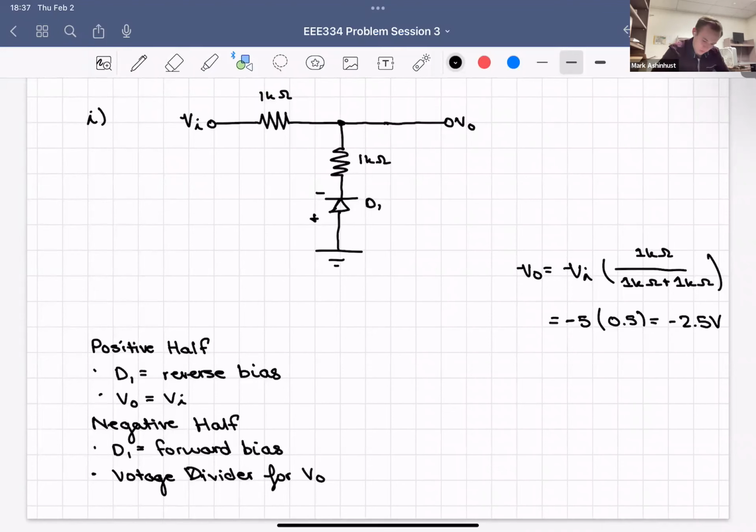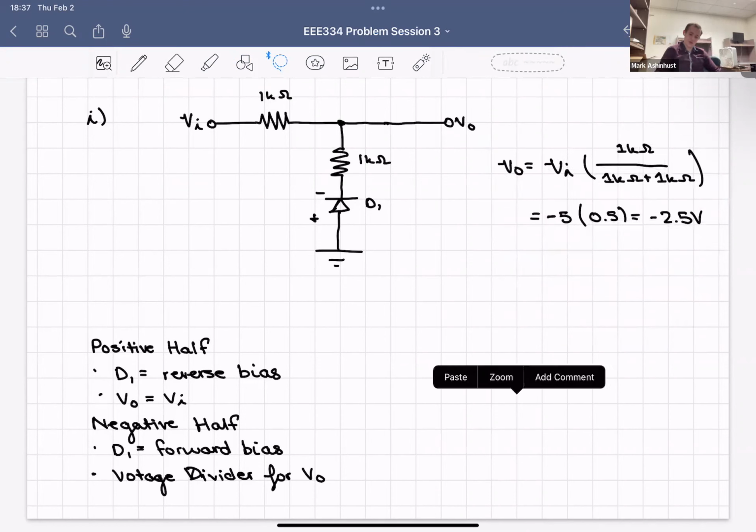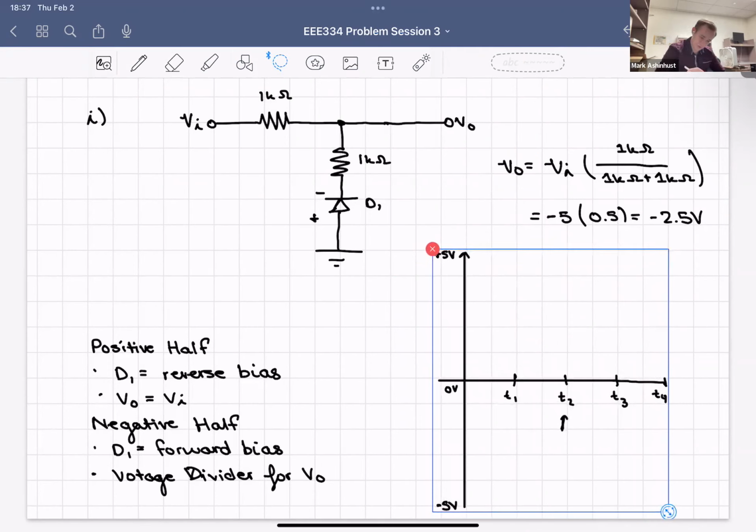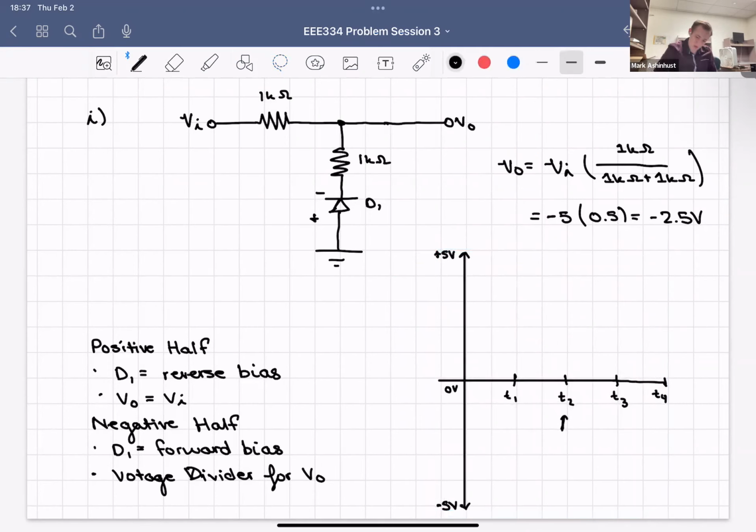That's going to be our max reverse voltage. So then we can graph this, and this is why I want to go over it, because this is going to be different now. We do have a positive half and a negative half. However, the negative half is not a full 5, it's half, negative 2.5. So we're going to go up to 5 on this one, but we're going to come down to 2.5.